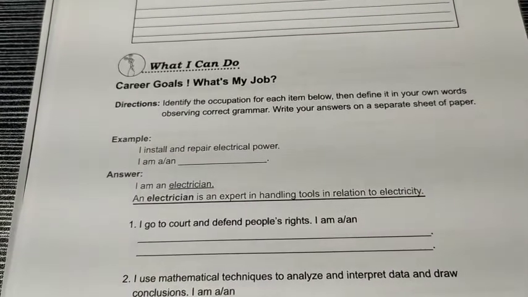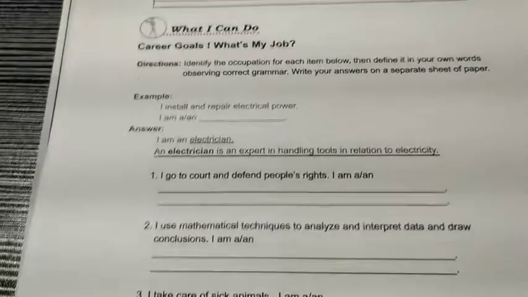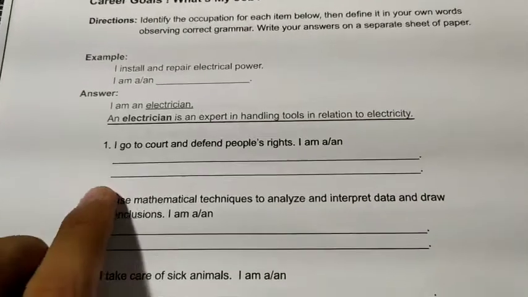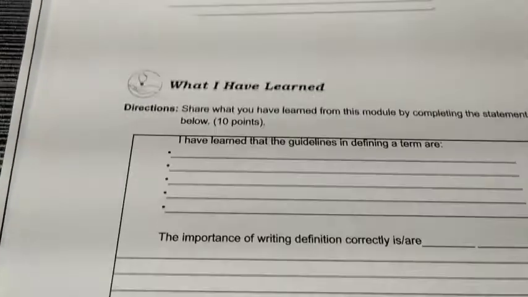But if we use an engineer, an electrician, like that. So you will identify first what is being described here. I wear a uniform, articles you read in the newspaper. Then, based on that information, you will define that.